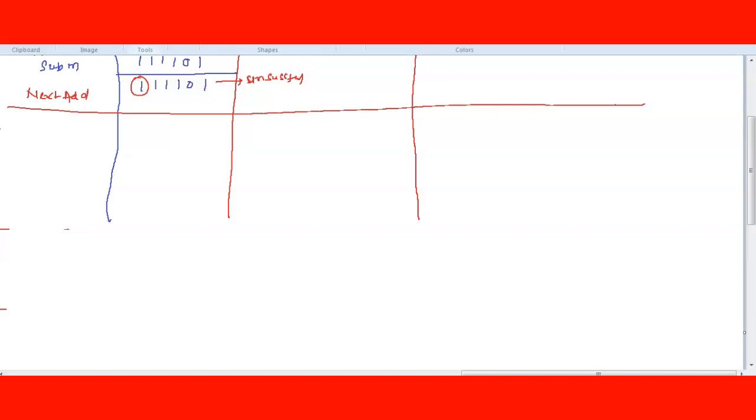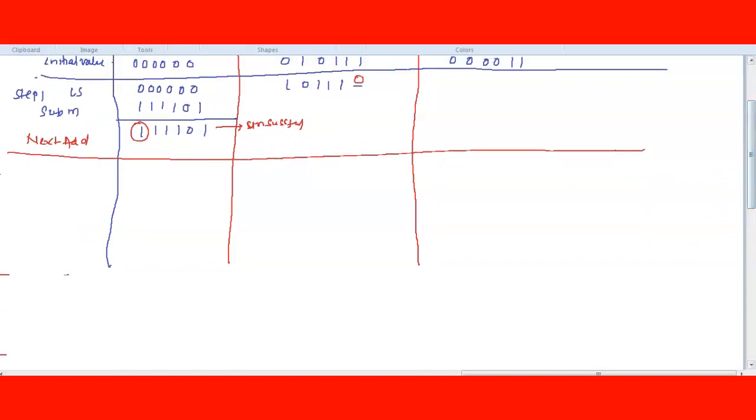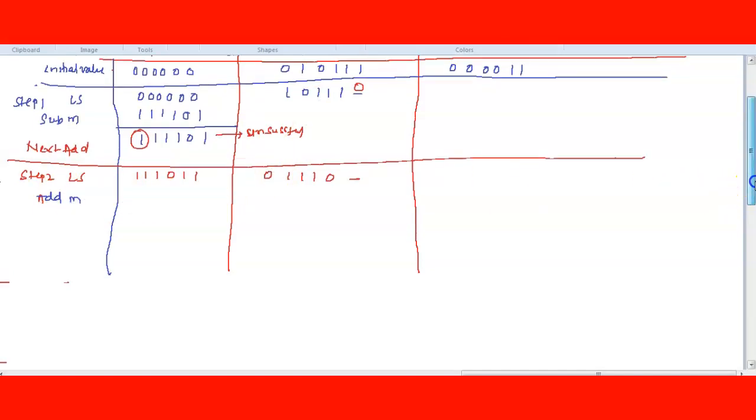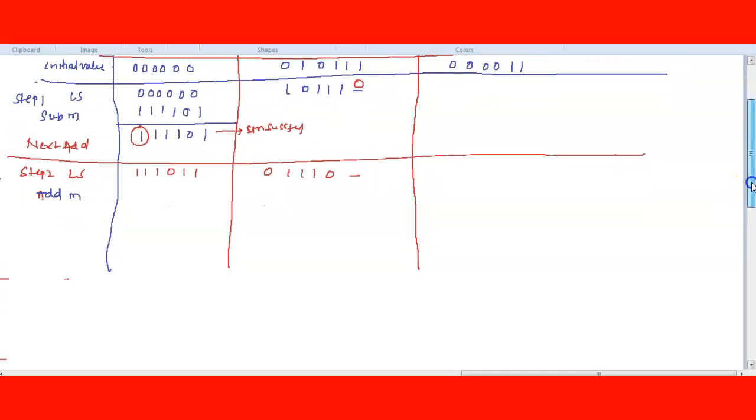Now in step 2, first do the left shift. So you will get it here 1 0 1 1 and here 0 1 1 1 0 and this is a dash. Okay, so now instead of subtraction we have to add M. Add M means add the value of 3, which is 0 0 0 0 1 1.